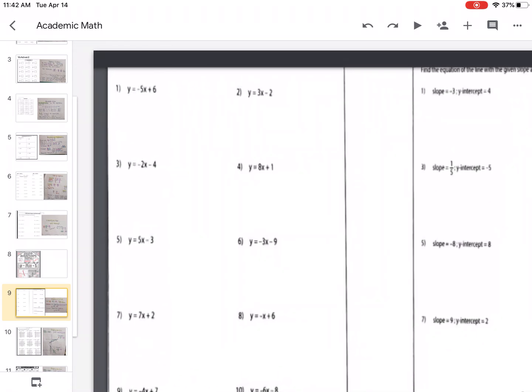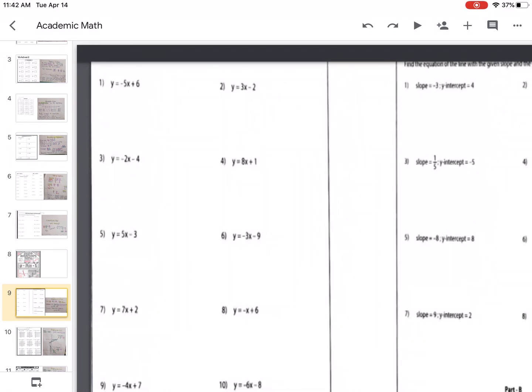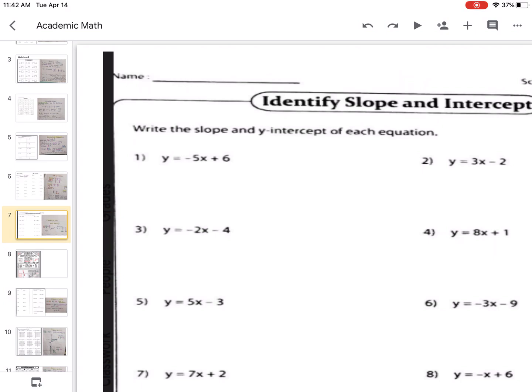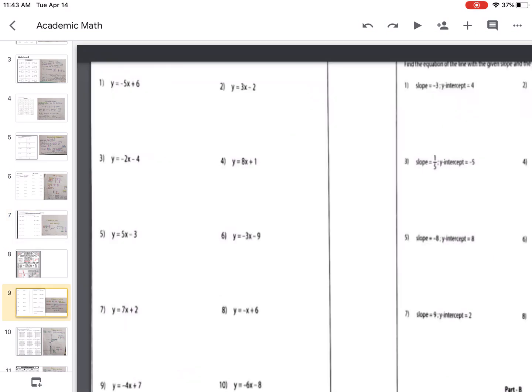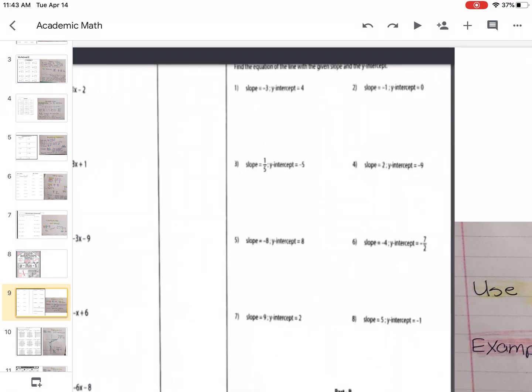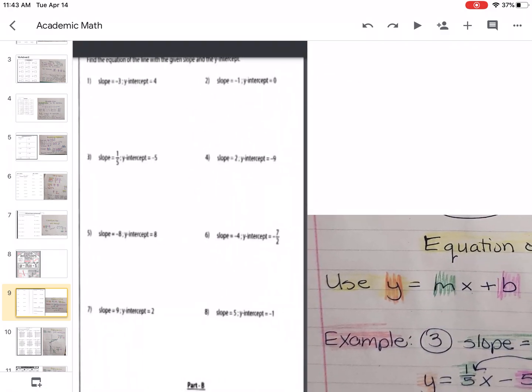So on this worksheet, you were just identifying, let me make sure this isn't the same worksheet. Hold on one second. Y equals 5x. Okay, so forget this first worksheet. We already went over this. Okay, so let's look at this one. Find the equation of the line with the given slope and the y-intercept.